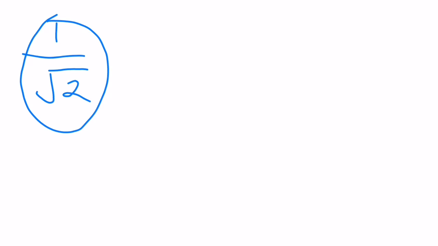Means 1 divided by square root 2: this number cannot be written as the quotient of two integers, so this number belongs to irrational numbers.